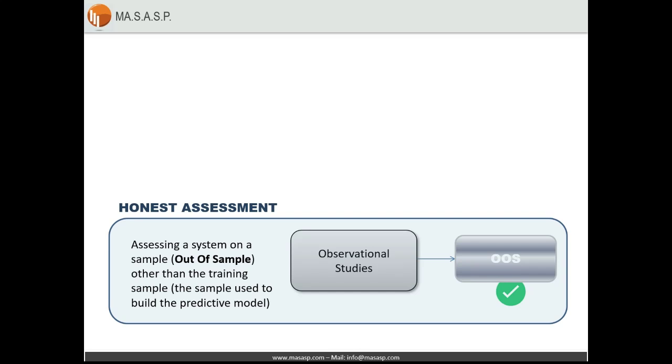Let's see in detail what the honest assessment provision is in this regard. We are required to assess a system on the out-of-sample, that is a sample other than the training sample, which in turn is the sample used to build the predictive model.